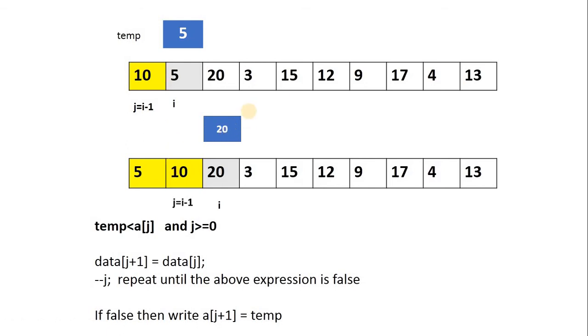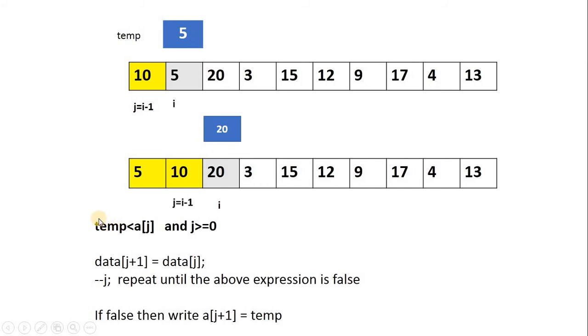False. So your J moves to the next position, since J was I minus 1. In the next iteration, 20 is less than 5? False. As it is false, it will stay in this place only. There is no change. So now these three are in sorted order.